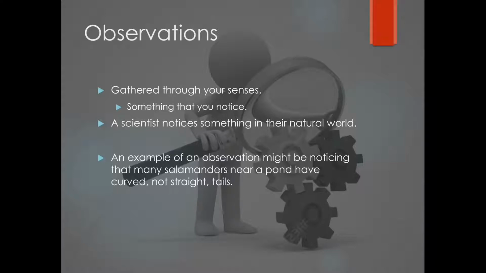An example of an observation could be noticing that many salamanders near a pond have curved tails instead of straight tails. So you saw this, and it was something out of the ordinary or something that you're not used to seeing.